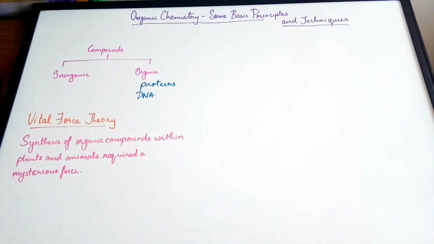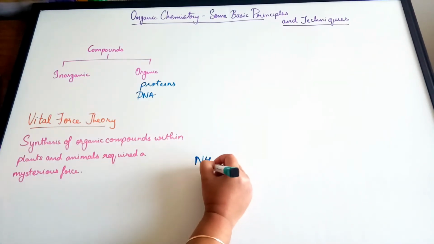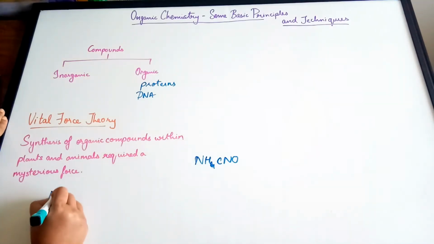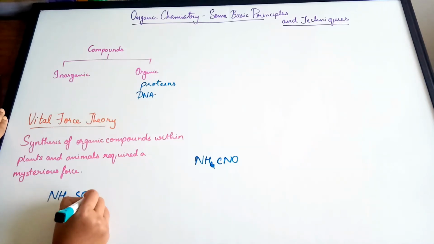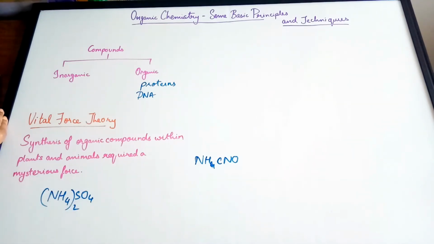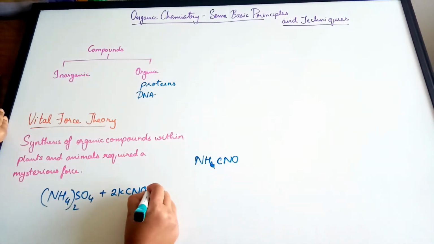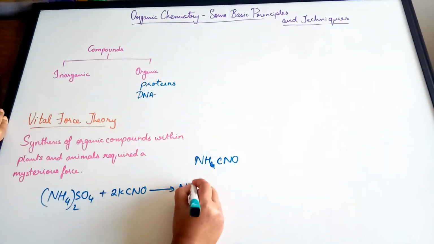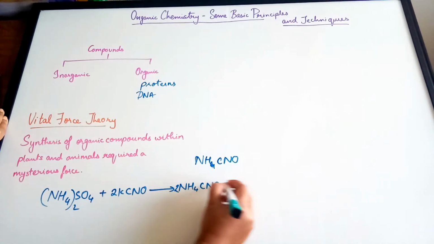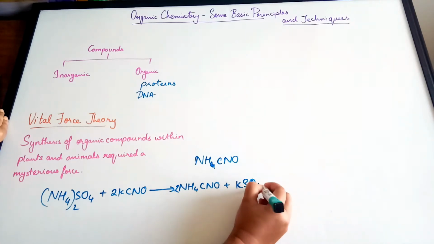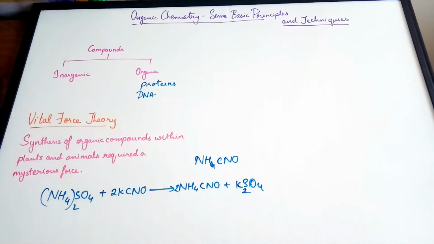So what happened was, a chemist called Friedrich Wöhler wanted to prepare ammonium cyanate, and he did this by heating ammonium sulfate along with potassium cyanate, and this gave rise to ammonium cyanate plus potassium sulfate, K2SO4, to balance out the valencies.